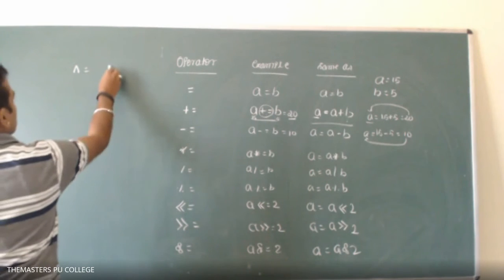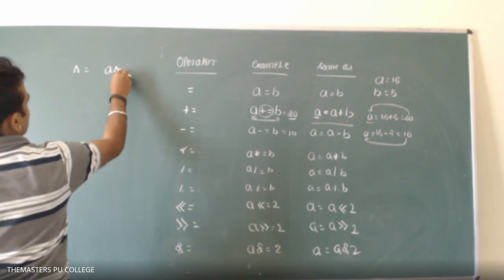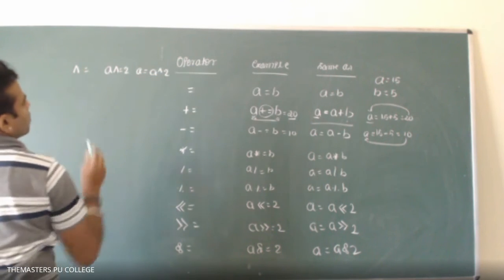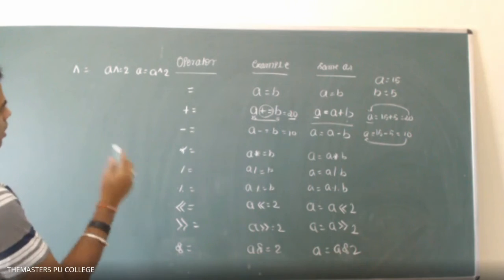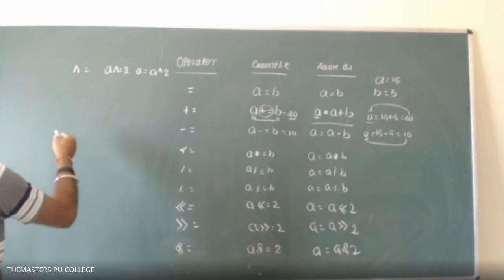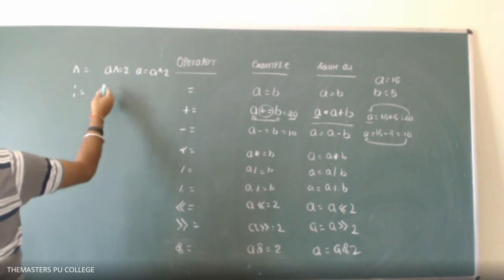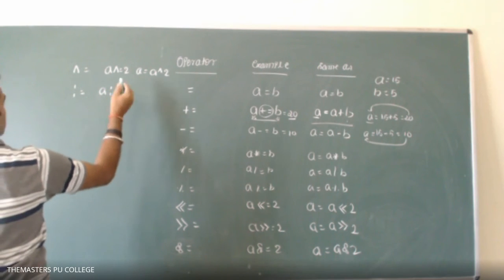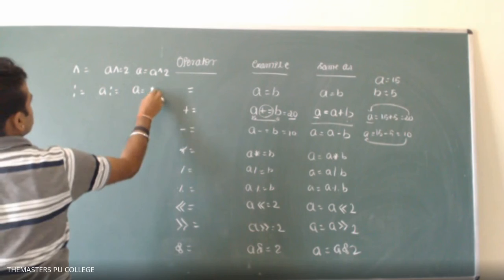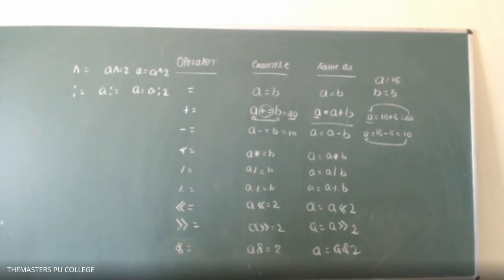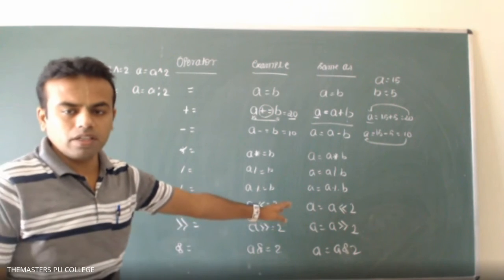So A exclusive or equal to 2 means A is equal to A exclusive or 2. Next, or equal: A is equal to A or 2. Okay, now is it understood?